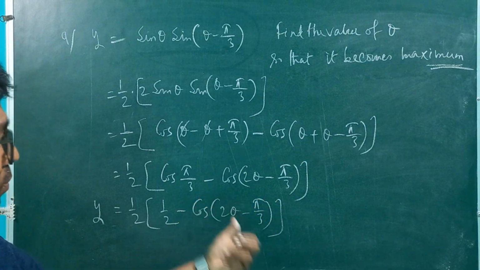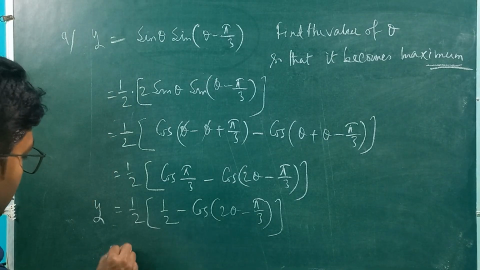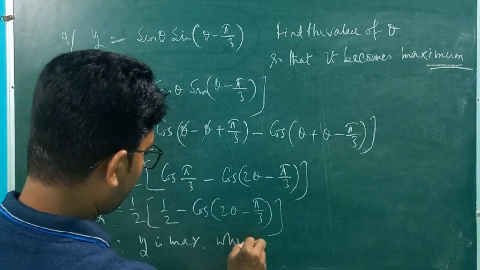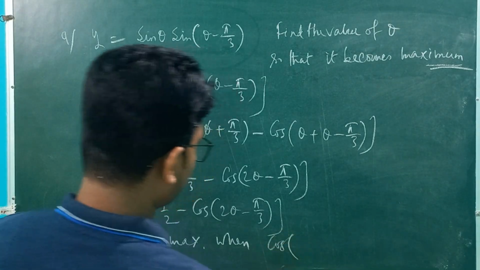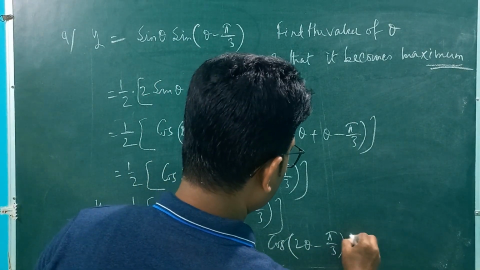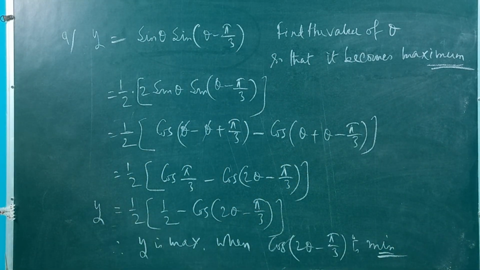This one is cos of 2 theta minus pi by 3. So I write here, y is maximum when cos of 2 theta minus pi by 3 is minimum. Is it clear to everyone? Because cos of 2 theta minus pi by 3 is in minus form.